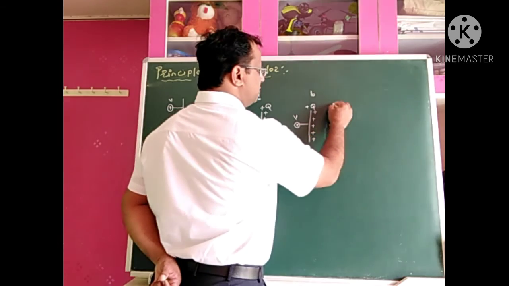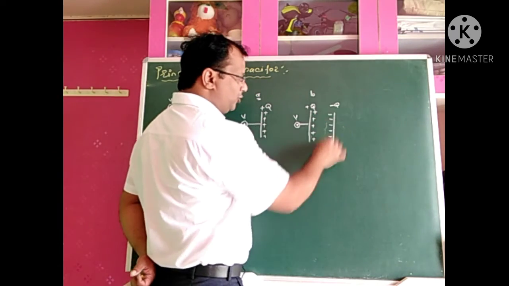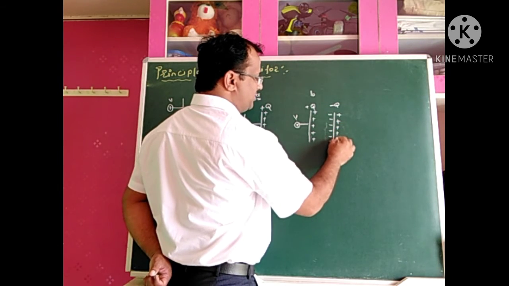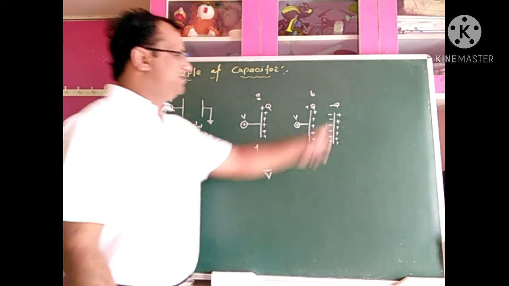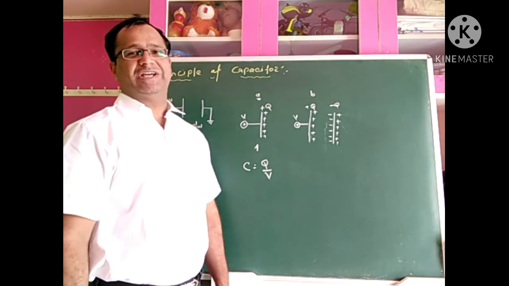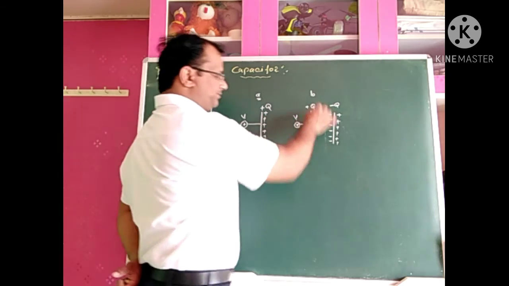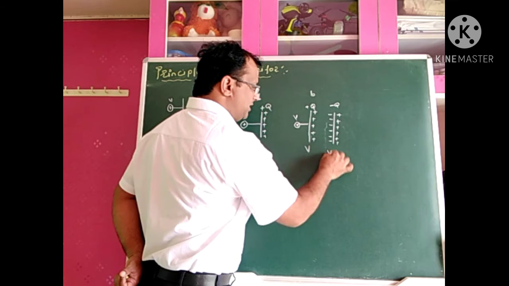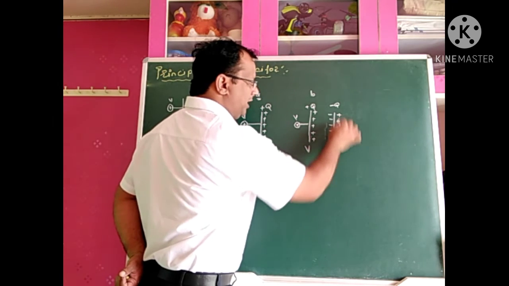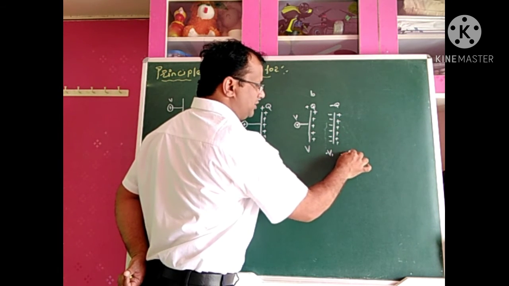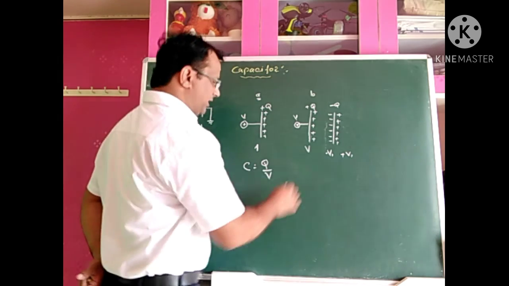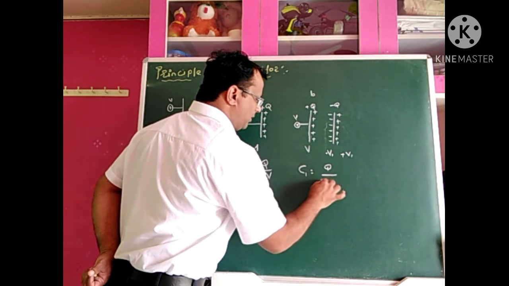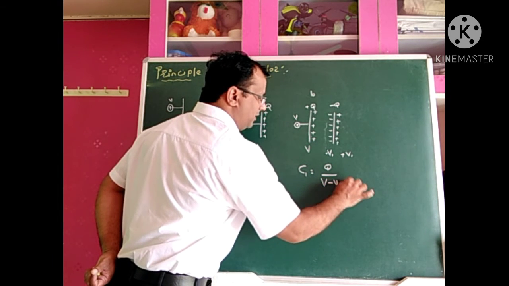Suppose this is the negative charge. Automatically, on the other side, positive charges are also produced, and these positive charges are called bound charges. Due to the positive charges the potential is V, due to the negative charges the potential is minus V1, and due to the bound charges the potential is positive V1. So the capacitance C1 equals the charge, as it is, upon V minus V1 plus V1.